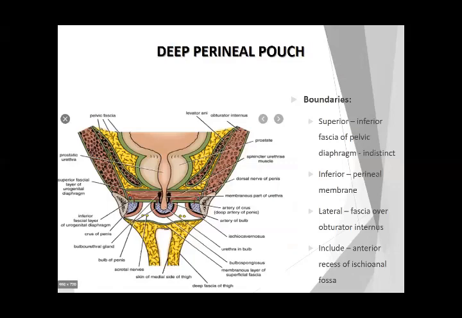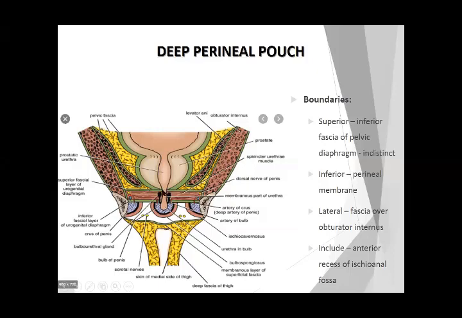Let's talk about the deep perineal pouch. This is the deep perineal pouch. It is bounded superiorly by the inferior fascia of the pelvic diaphragm. One thing to remember is that this layer, the inferior fascia of the pelvic diaphragm, which forms the superior boundary of the deep perineal pouch, is not a very distinct layer.